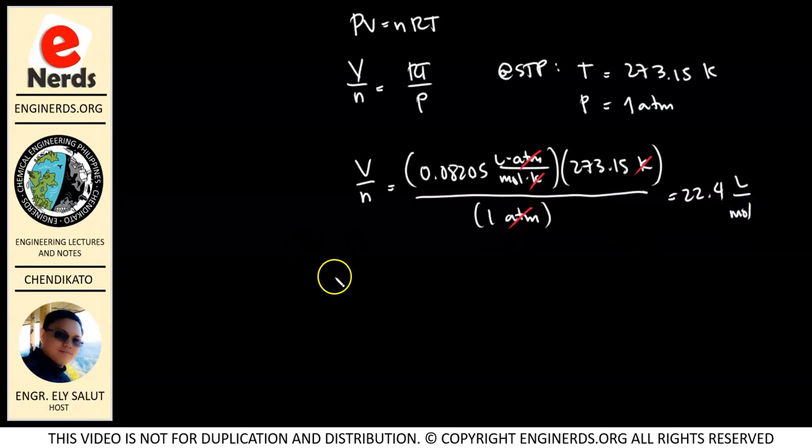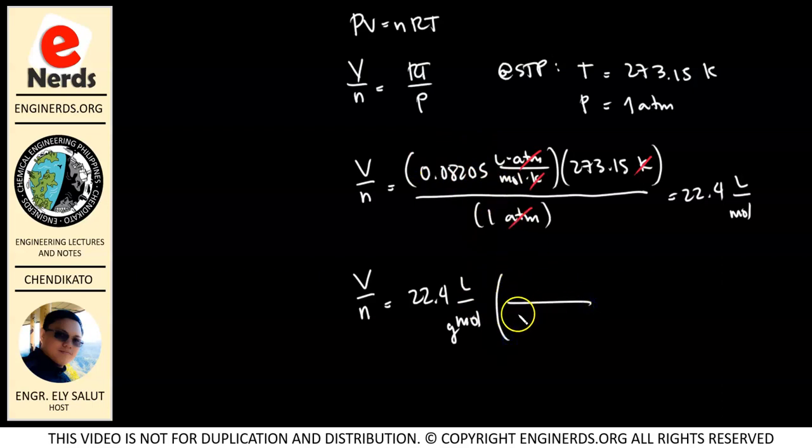And then, since naka-kilogram mole tayo rito, no? So, we're going to convert that. So, we have 22.4 liter per mole. Okay, so this is gram mole. Dahil yung ating value ng R here is in gram mole. So, we're going to multiply this. We have 1,000 gram mole per 1 kilogram mole.